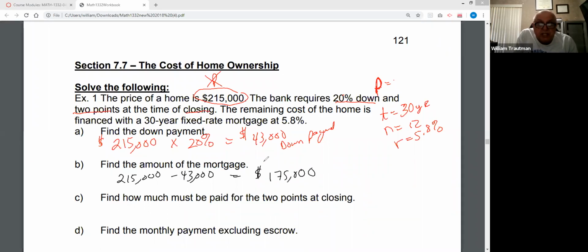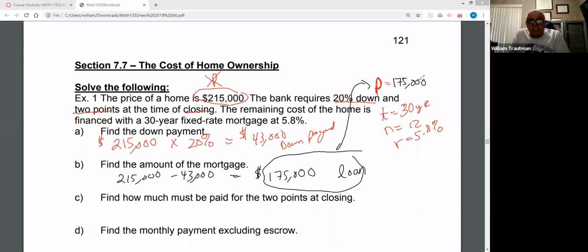Because I gave them 43,000 already, this is how much my loan is going to be for. That's my principal. So my principal is going to be 175,000. That's how much the loan is going to be because I already gave them 43,000.